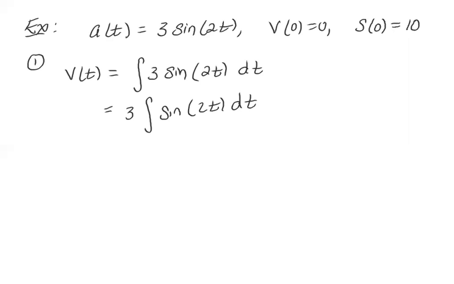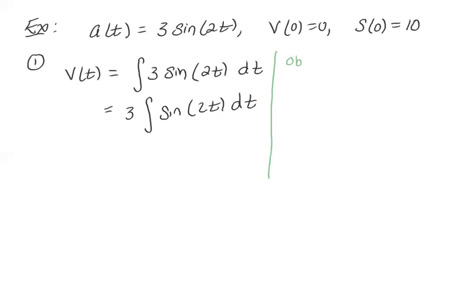Well, I have to think about this one. I know what the antiderivative of sine of t is, but what if there's a constant multiplied by the variable inside? I don't have a chain rule for antiderivatives, so I may have to be a little creative and think about what derivative would give me the sine of 2t. I could maybe make a guess.